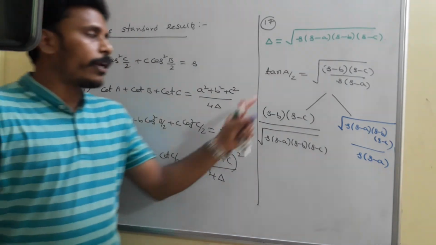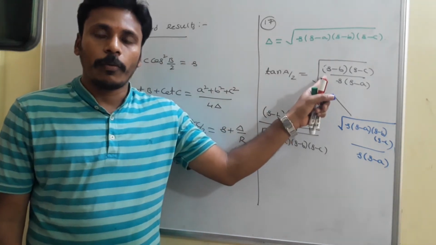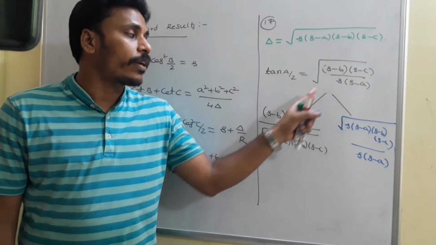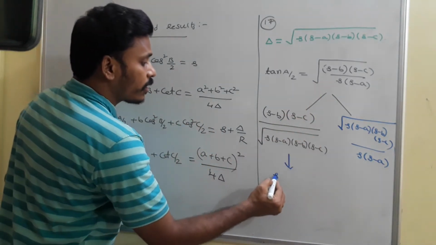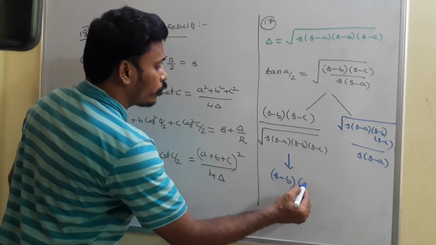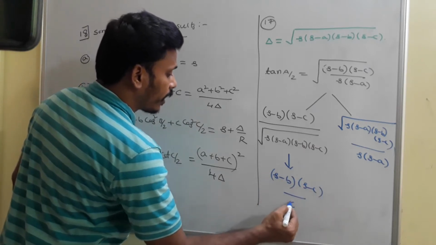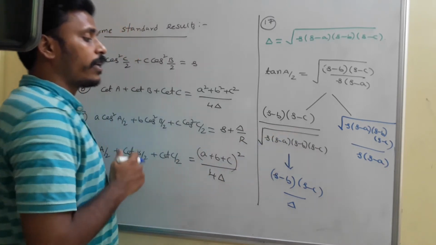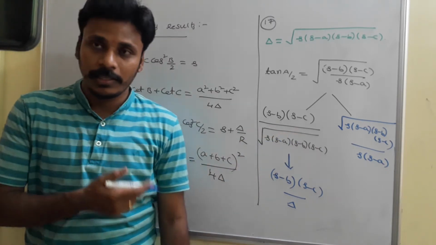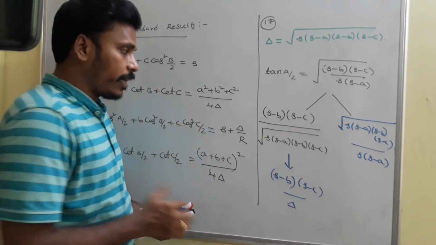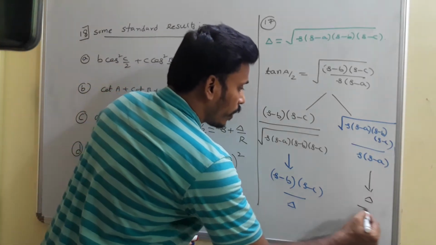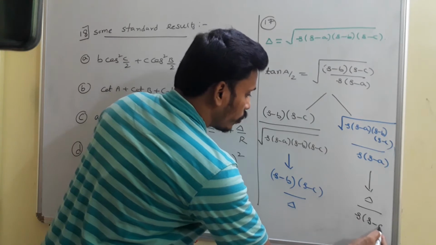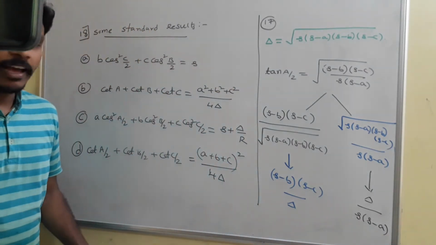So tan A by 2 by the half angle formula has two different ways to express it. In this case, it is s minus b into s minus c by delta, since root of s into s minus a into s minus b into s minus c is just delta. And in that case the numerator is delta, and we express it like this: delta by s into s minus a. Just have a look.